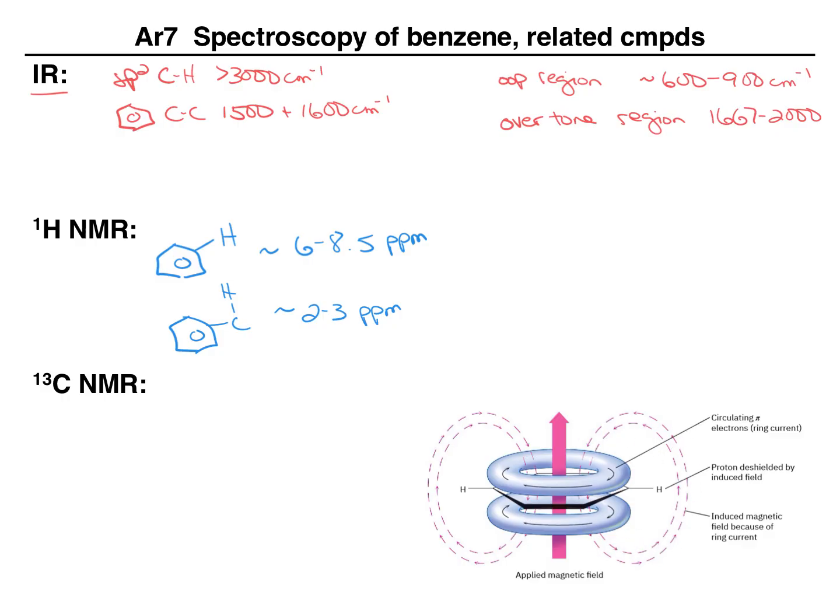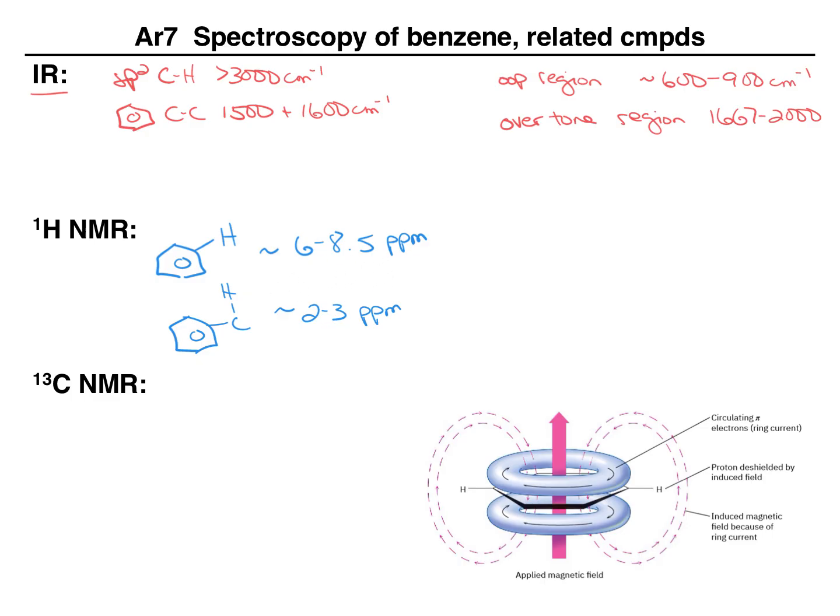So this magnetic field will oppose the applied field inside the ring, but it will add to the applied field outside of the ring. So this is called diamagnetic anisotropy, and this is what's responsible for the unusually high absorption by aromatics.